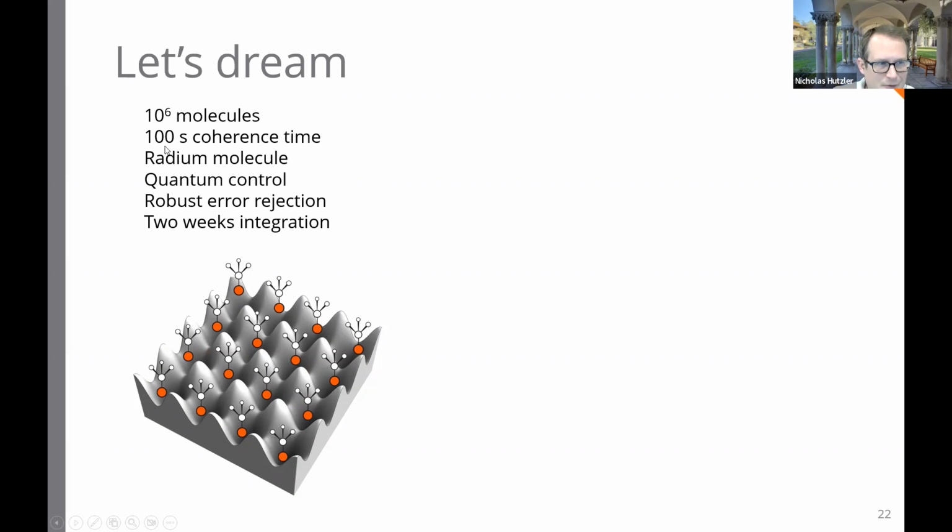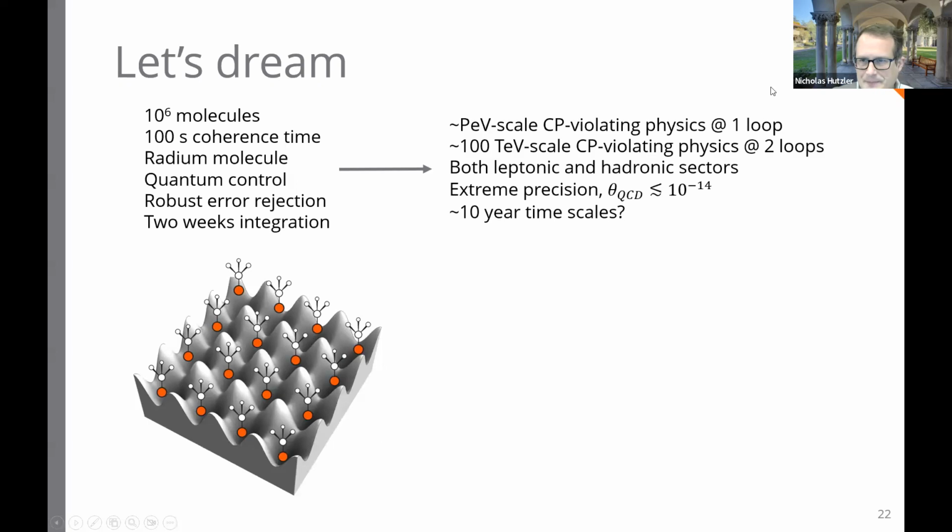I think people would all agree that you could probably do this in our lifetimes. 1 million molecules, 100-second coherence time, some radium-containing molecule, some kind of symmetric top or asymmetric top, so you have very, very long-lived states.